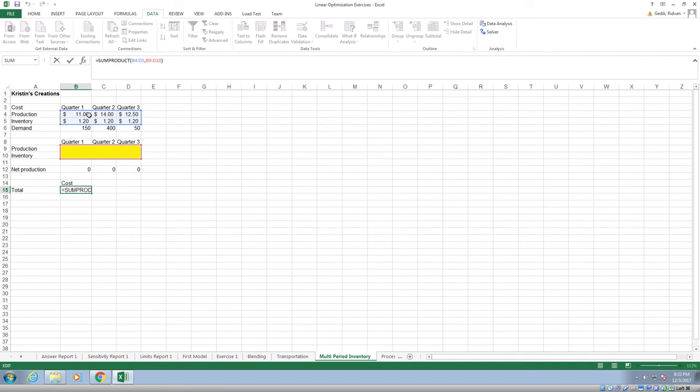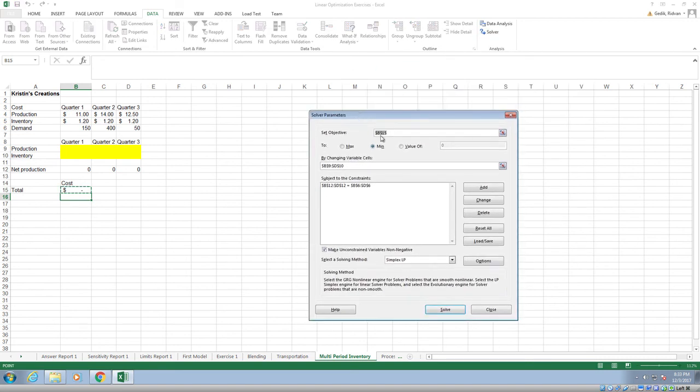The first row is going to be the production cost, and then the second row is the inventory cost. So you can sumproduct them together to get the total cost. Okay, so solver minimizes this total cost by changing these variables right there, and then the constraints are basically the net production. Let's do it together.